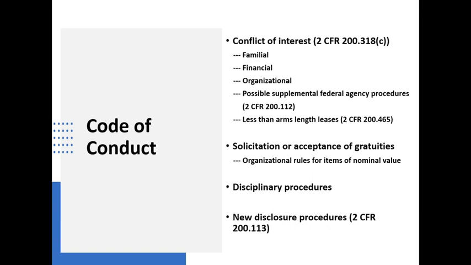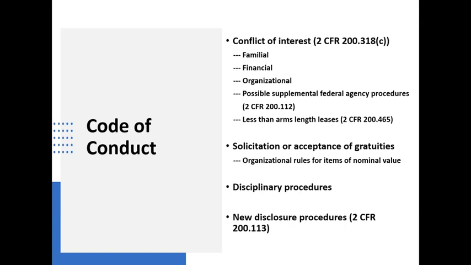Now, the problem is they don't define what immediate family is. So this is a place that an organization would step in and establish more clearly who is covered by this sort of arrangement. The policy in 318C establishes a minimum level of familial involvement.